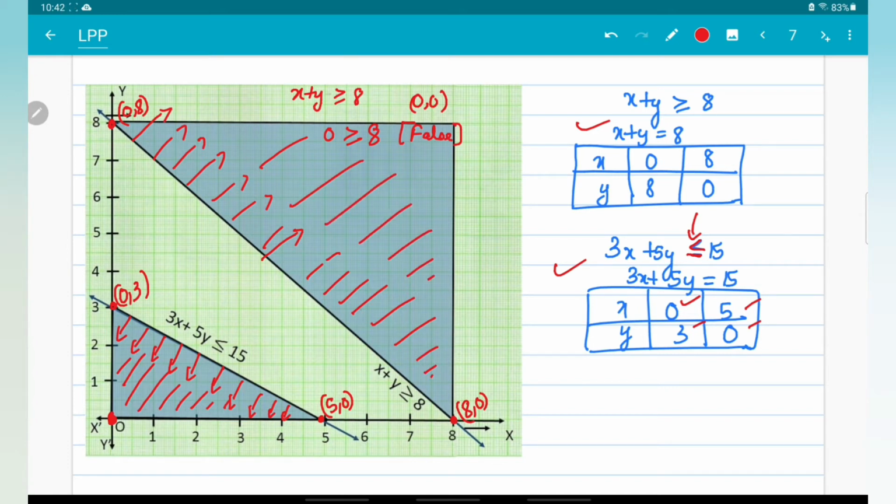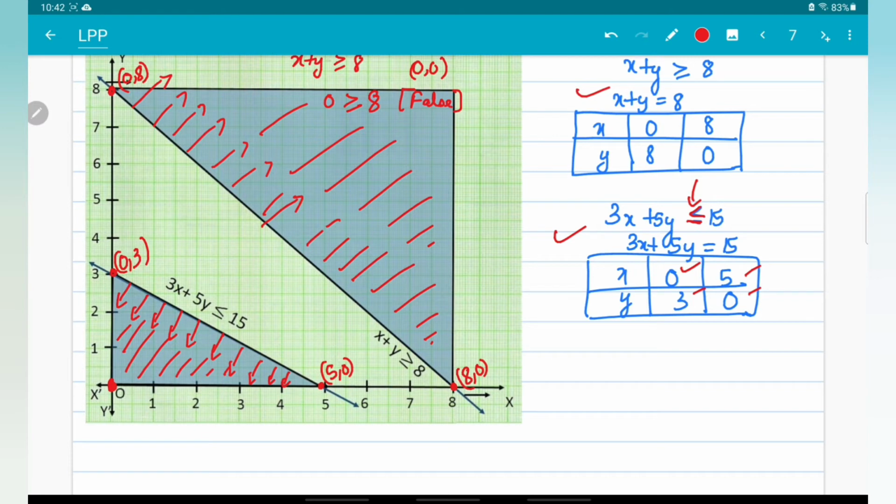Now in the last step, the feasible region is nothing but the intersection part, that is the region where both the shaded regions intersect. Now if you can see here, the shaded regions are not intersecting at any point, which means that this is not feasible.